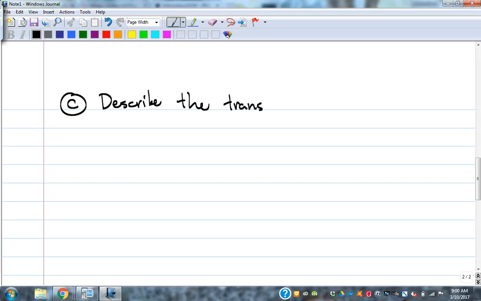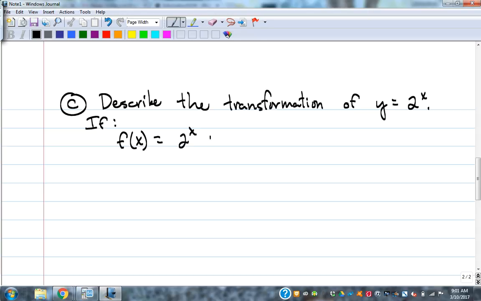transformation of y equals 2 to the x. If f of x equals 2 to the x plus 4, what does that do?